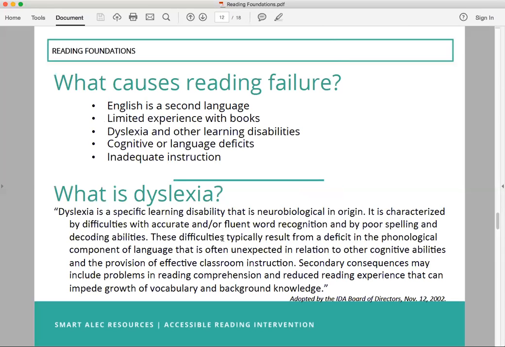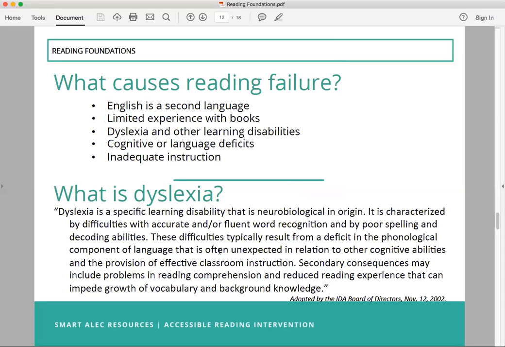We're probably looking more at that meaning and context processor. Finally, inadequate instruction can also impact the ability to have some of these things falling into place, and it's something as simple as just giving that explicit instruction. They pick it up really quickly, and that's all that they needed. Those kiddos are usually pretty quick to remediate unless the inadequate instruction has been going on for a great deal of time. Then it might take a little bit longer.